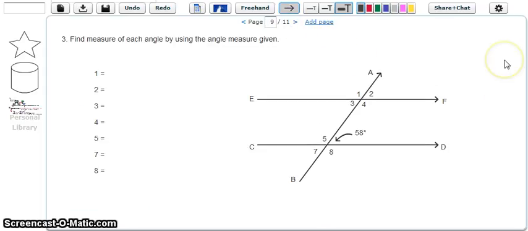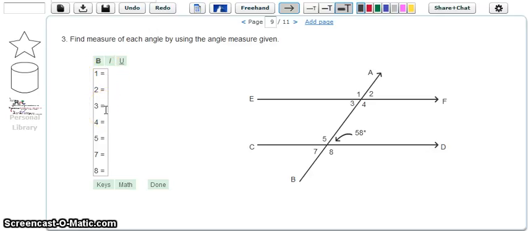Now we're going to use what we just did and what we learned earlier about which angles are equal to each other and which ones are supplementary, which means they equal 180 degrees. So find the measure of each angle by using this measure, 58 degrees, which is given. So we know we have 58 degrees.